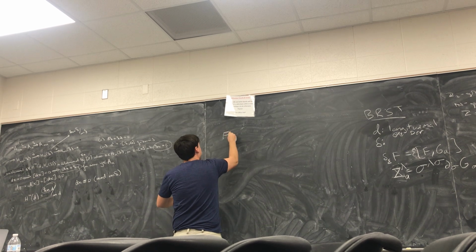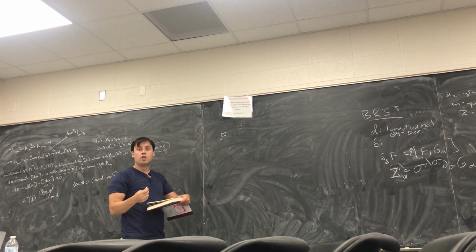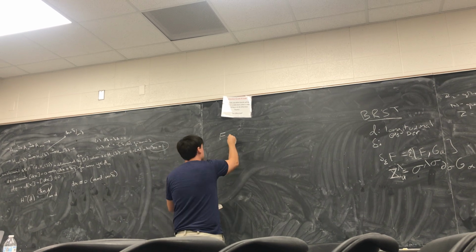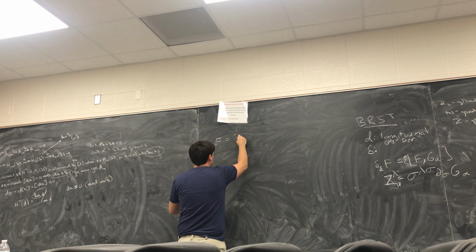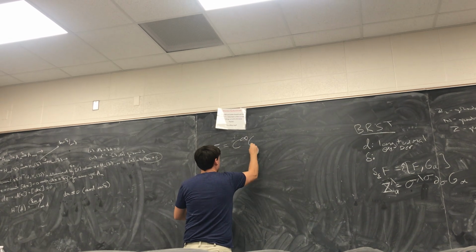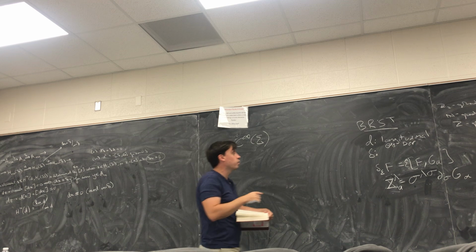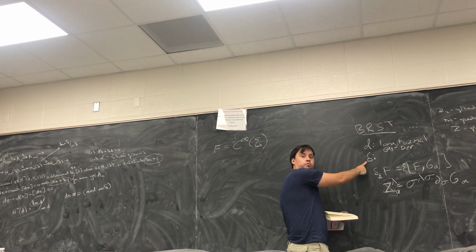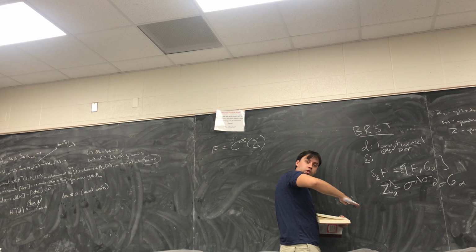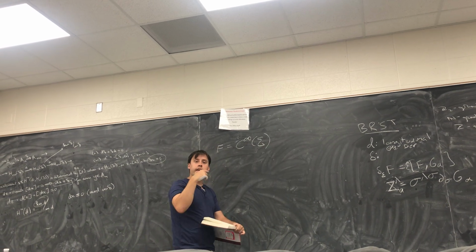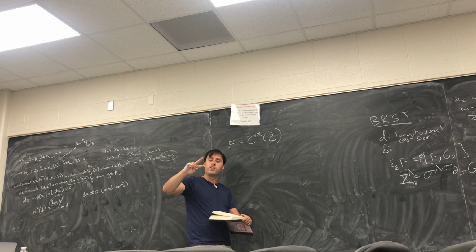Let F be a 0 form. So it's a function on our constraint surface, and that's important. This delta is going to take you from functions on your entire space to functions on your constraint surface. There are two things where you mod out.